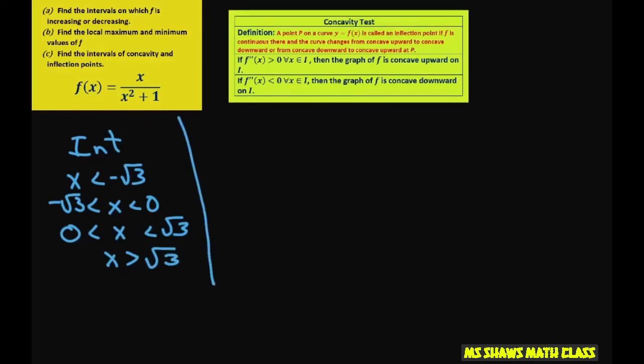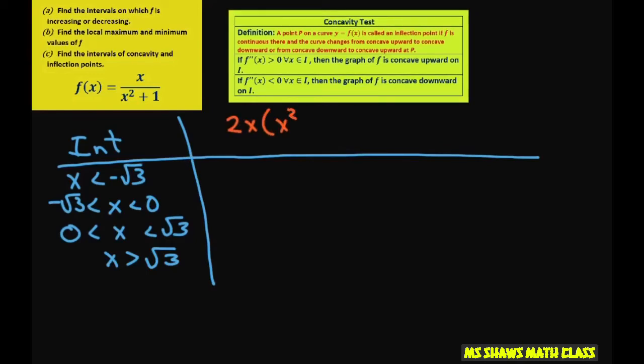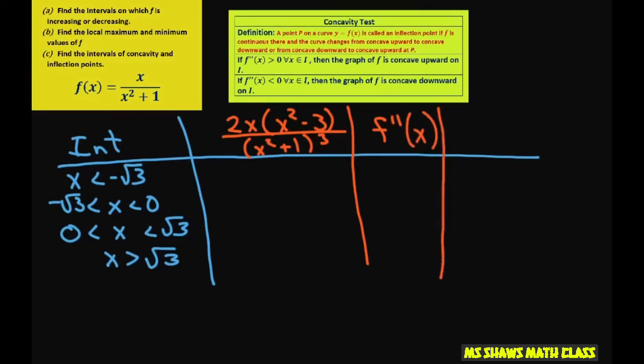Now, I'm just going to do this more mentally here and copy down my equation, which was 2x times x squared minus 3 divided by x squared plus 1 cubed. Now, I'm going to see what's going on with my second derivative of x. And that's going to tell us if it's concave up or down.